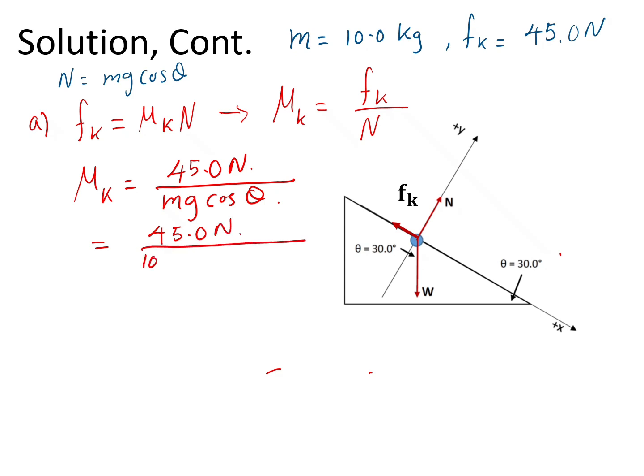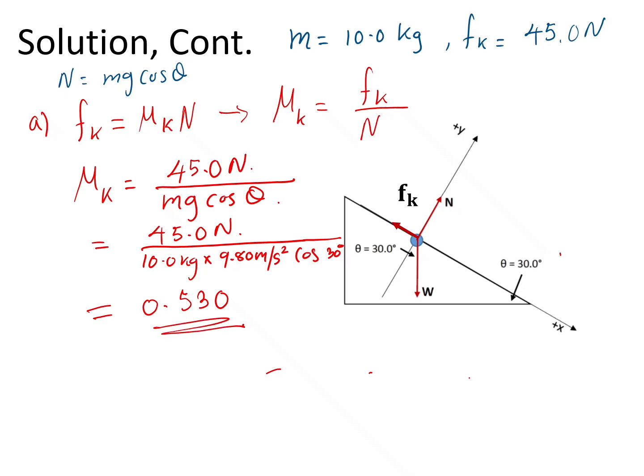So we have 10 kilograms times 9.8 meters per second squared times cosine 30 degrees. And this is equal to 0.530. And that is the coefficient of kinetic friction.